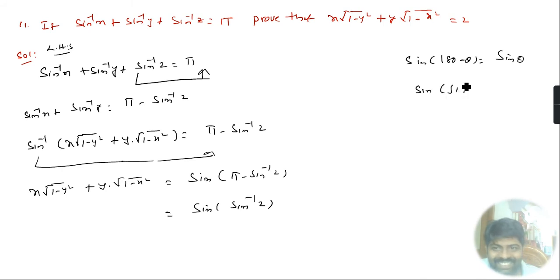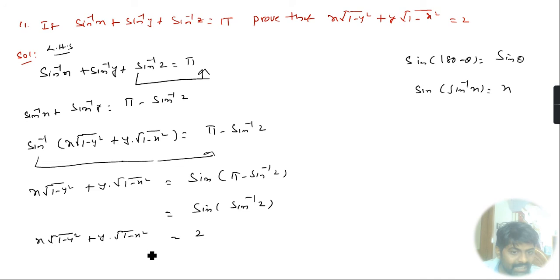Sin of sin inverse x is equal to x, so finally we get z. So we prove that x into root of 1 minus y square plus y into root of 1 minus x square is equal to z, which is the RHS.